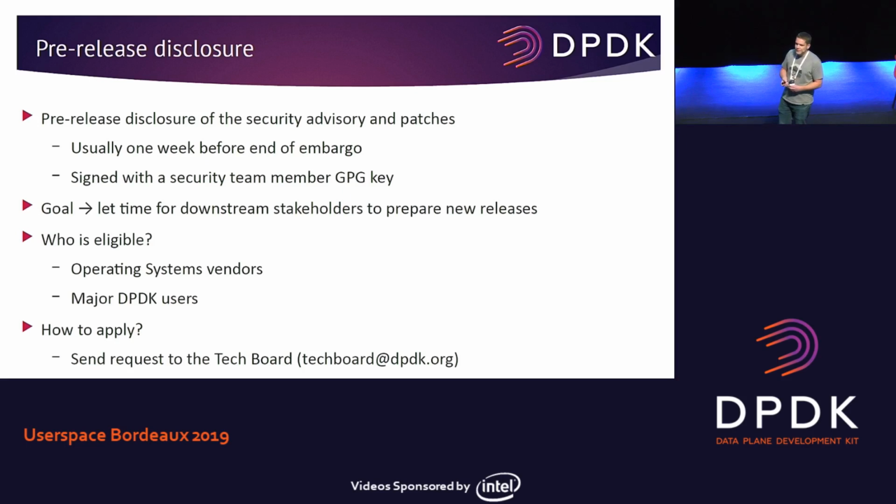So the idea is that the downstream stakeholders, either OS vendors or companies integrating DPDK in their product, can be made aware 1 week before the end of the embargo that a vulnerability has been found, and so they will receive the security advisory with the patch attached.